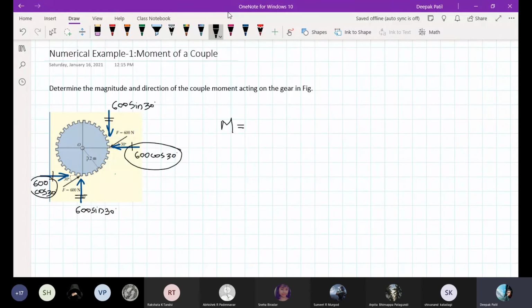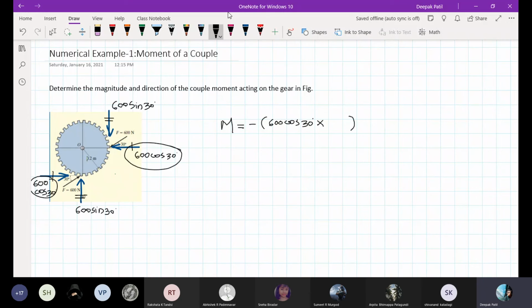First tell me whether these two forces, 600 cos 30 and 600 cos 30, will rotate the gear in a clockwise direction or an anti-clockwise direction. Anti-clockwise, sir. Yes, it should be anti-clockwise. So minus, the magnitude of the force is 600 cos 30 multiplied by the perpendicular distance between these two forces.